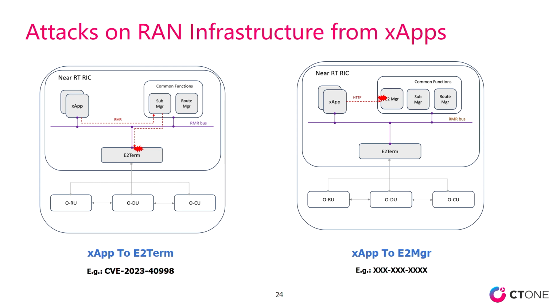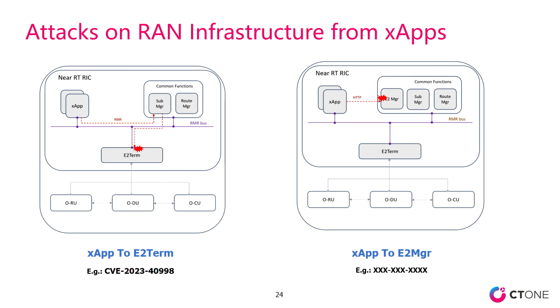We found that RMR, the RIC message routing protocol, and its implementation are very vulnerable, and it can bring the RIC down. So this is one attack vector where a third-party xApp attacks the RIC and brings it down.